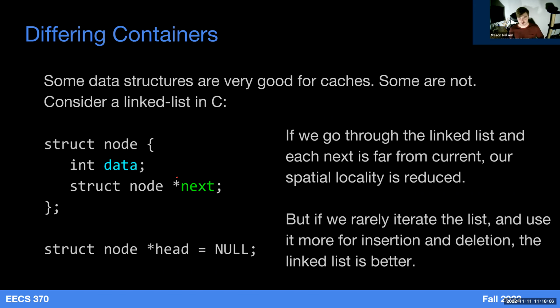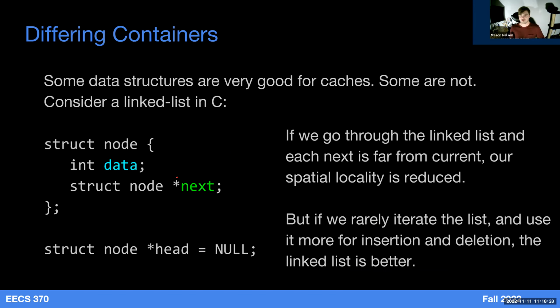But this is not always true. If we have some sort of program where we really need fast insertion and deletion, or maybe if we have some program where we work on just 3 elements of the linked list at a time, and we really hone in on that temporal locality, then our linked list can be good instead. And so we need to be able to balance these things.